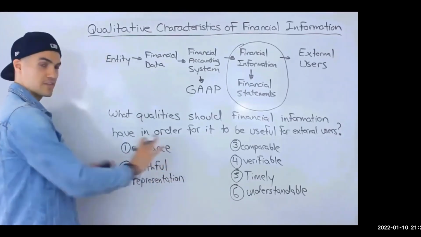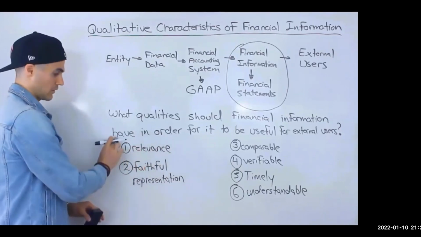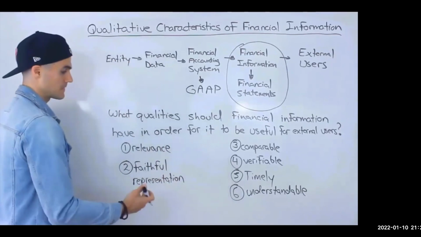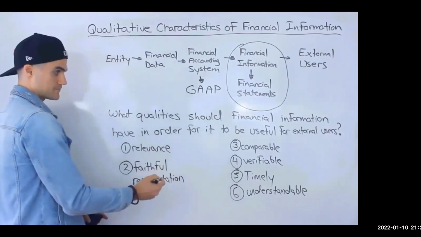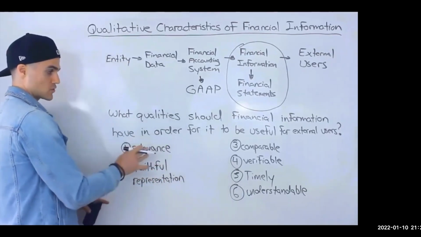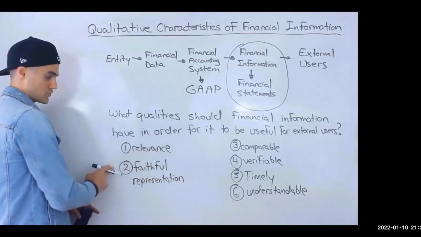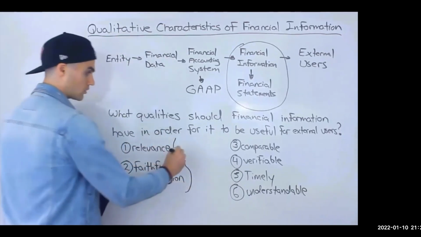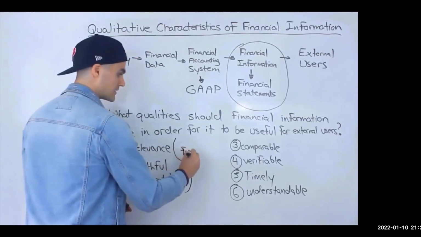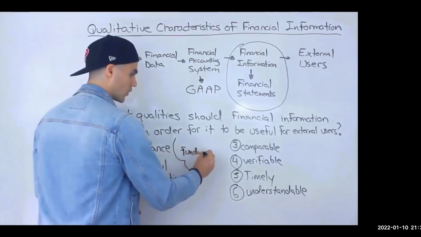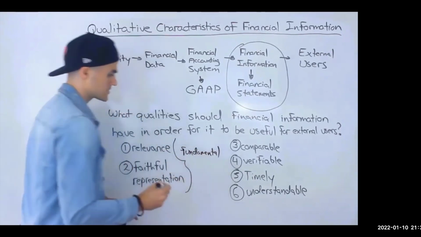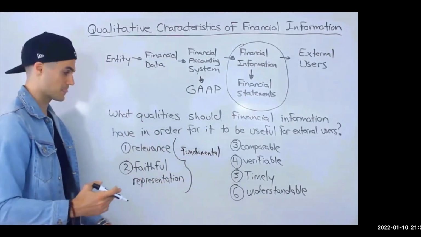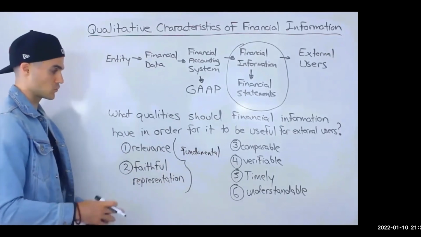Now, a couple of things I want to mention before we get into detail on each of these. Notice that I grouped these in a certain way. I put 1 and 2 here, and then 3, 4, 5, 6. That wasn't by accident. A lot of times you'll see textbooks grouping these qualities. The first 2 are usually called the fundamental qualities. Not all textbooks, not all profs are going to group these. Sometimes they'll just list all 6, but a lot of textbooks will group them.